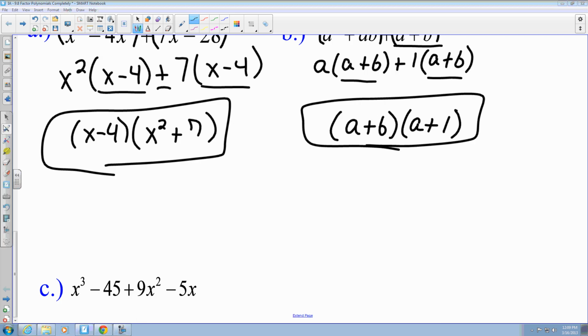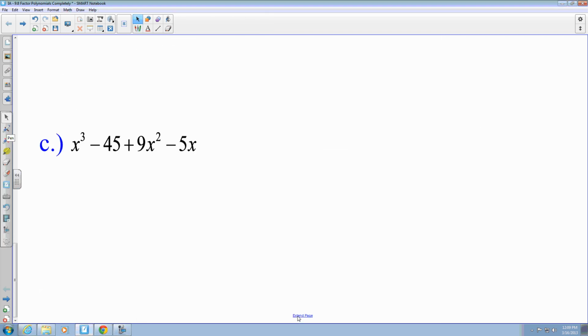Looking at example C, I have, let's look at this here and this here. What can I factor out of x cubed minus 45? I can't do anything. And neither can I do 9x squared minus 5x.